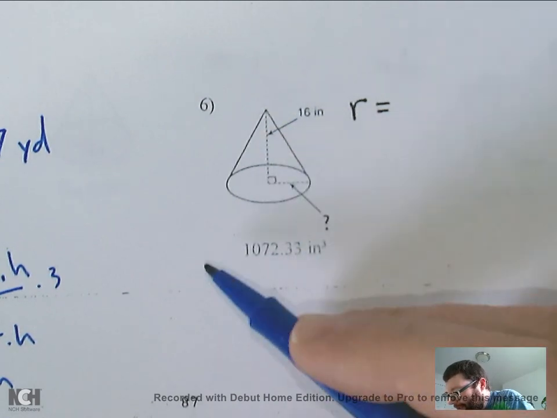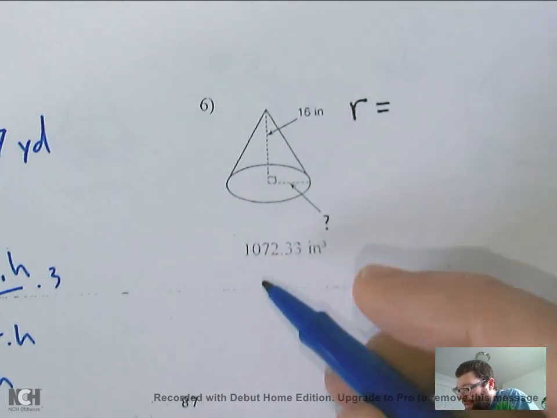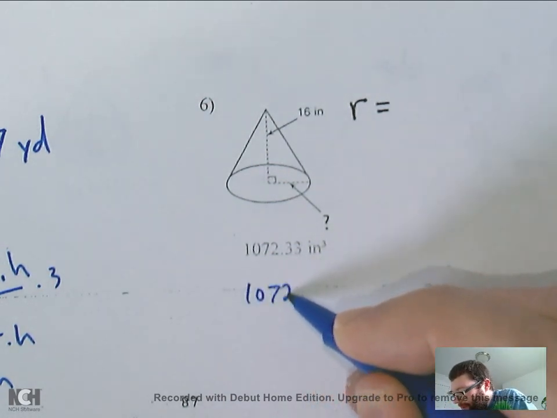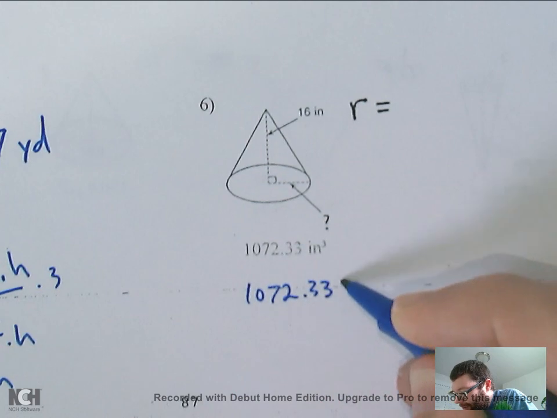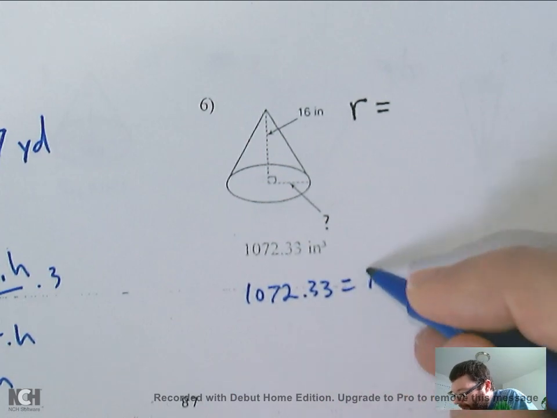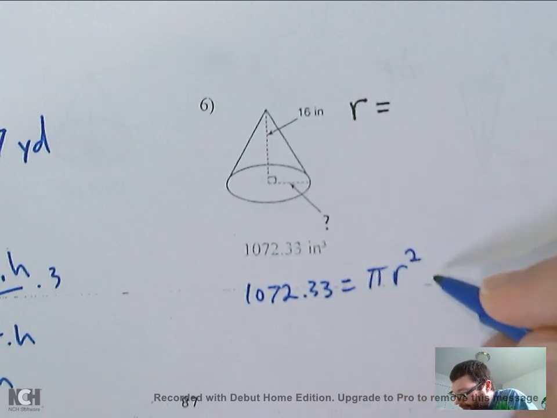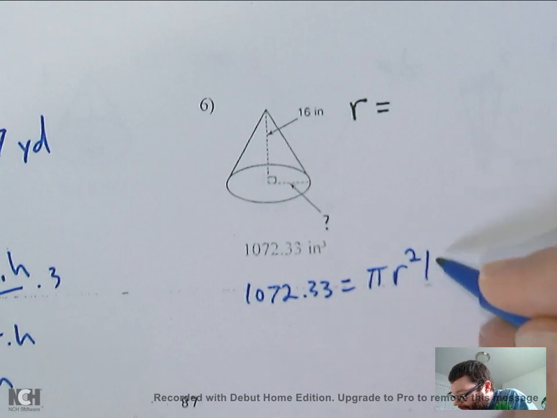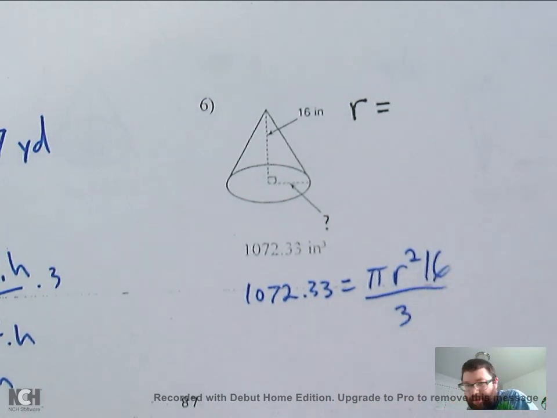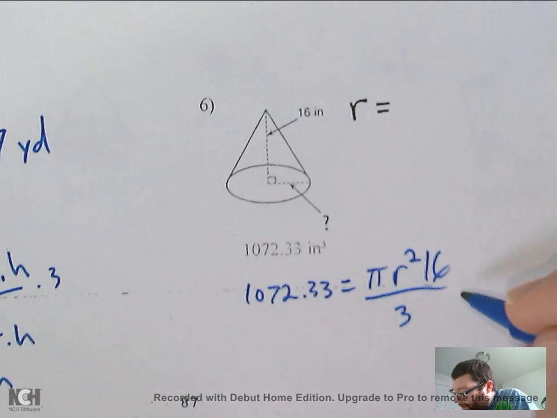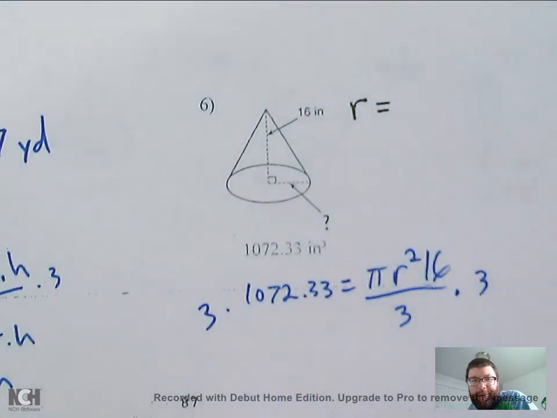I know the height is 16. I know the volume is 1072.33. And that's going to equal pi times the radius squared times the height, which is 16, all divided by 3. Okay, so the second step after I've set it up is to multiply by 3.